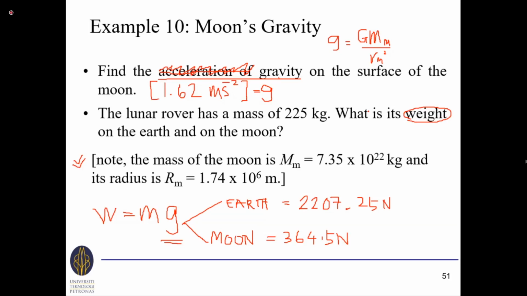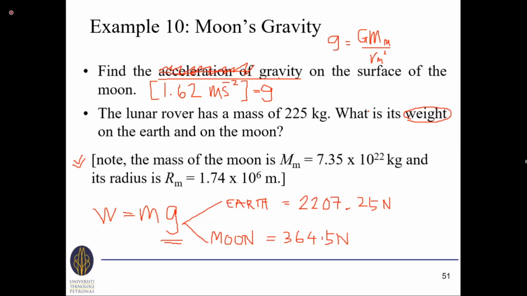Miss, hello. Yes. I got a question. What is the difference between the formula for gravitational force on Earth and gravity at a height on Earth? What is the small m in the formula for gravitational force on Earth?